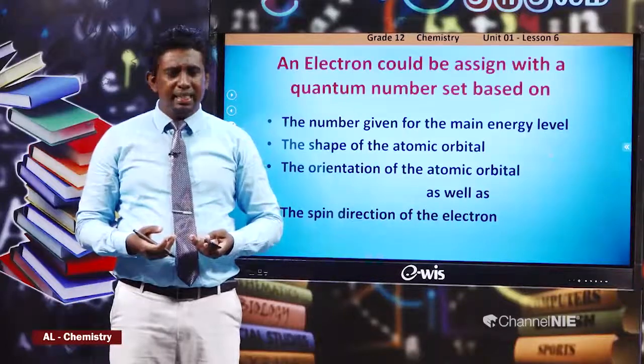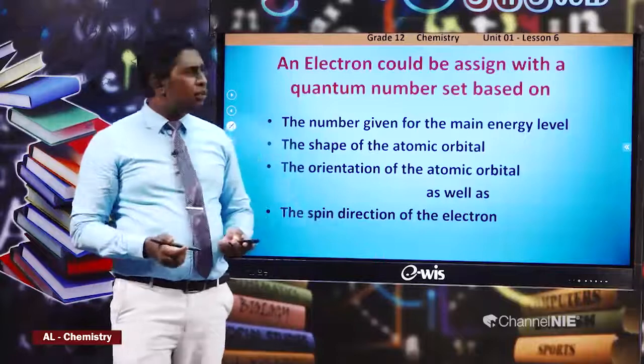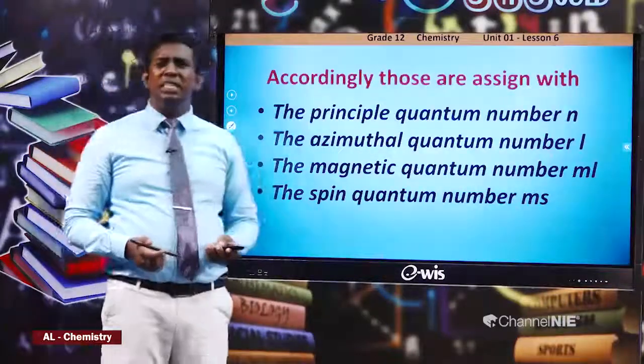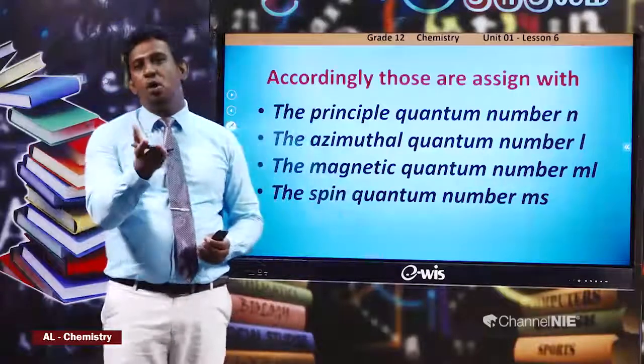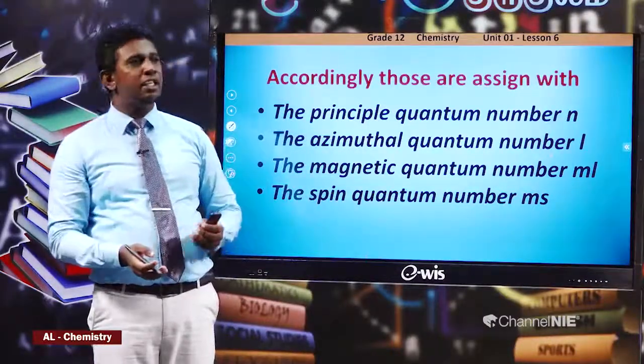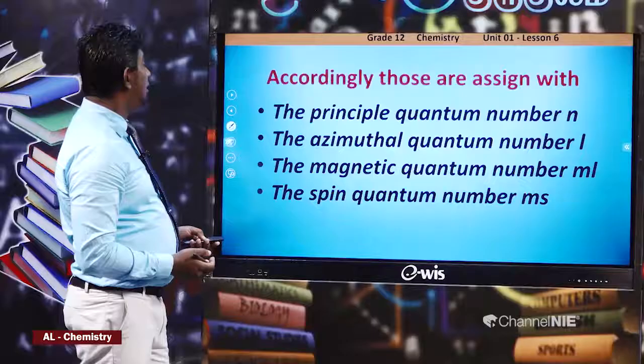It's 4 numbers you are going to mention. Students, the very first number is called the principal quantum number, based on the shell. Which shell does it belong to? You give this. If it is the first shell, the principal quantum number is 1. Second shell, principal quantum number is 2. Third shell, the principal quantum number, not deputy principal, is 3. In that way you give principal quantum numbers based on the main shell.